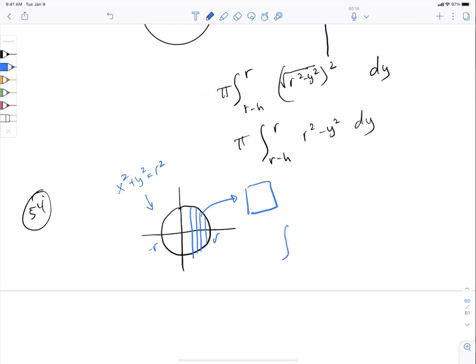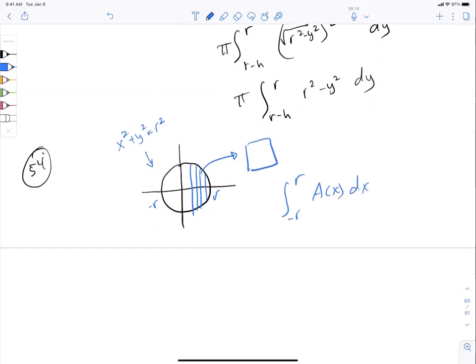Remember, the volume is integrating from left to right. For the cross-section area, if I go left to right, it's with respect to x. If I go bottom to top, it's with respect to y.